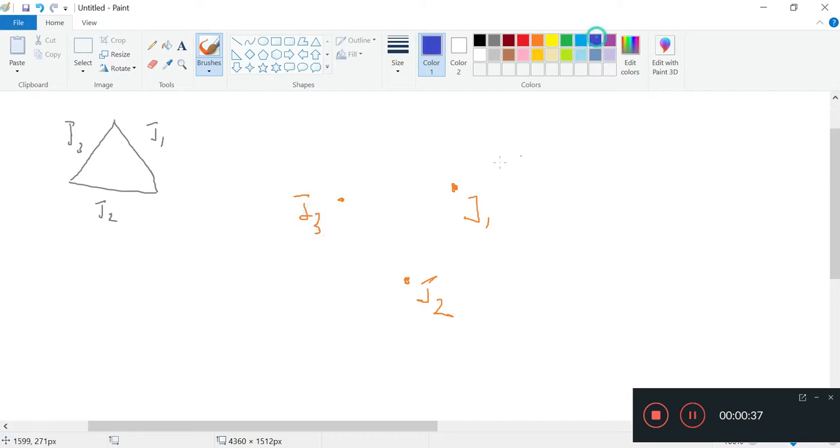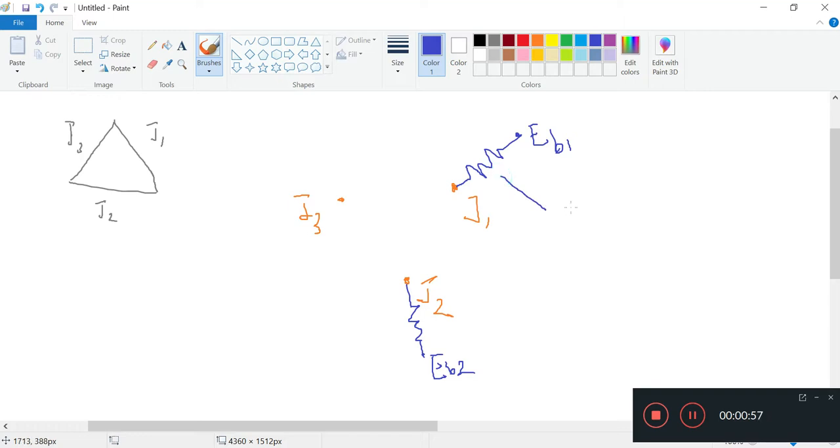Okay, so now I want to draw the equivalent black body. So this is EB1, and this equivalent black body will be EB2. Okay, and remember the blue colored resistance.